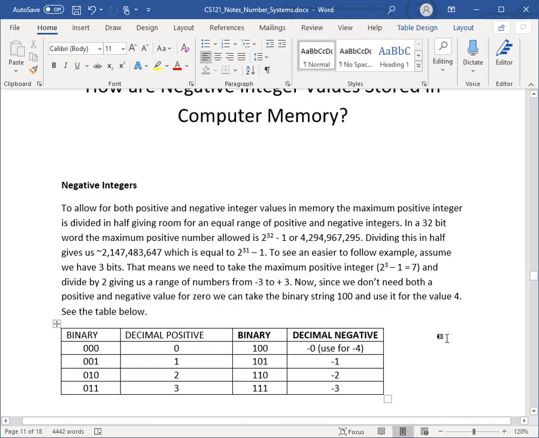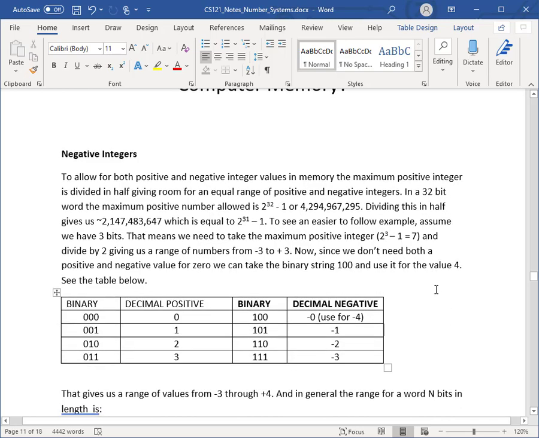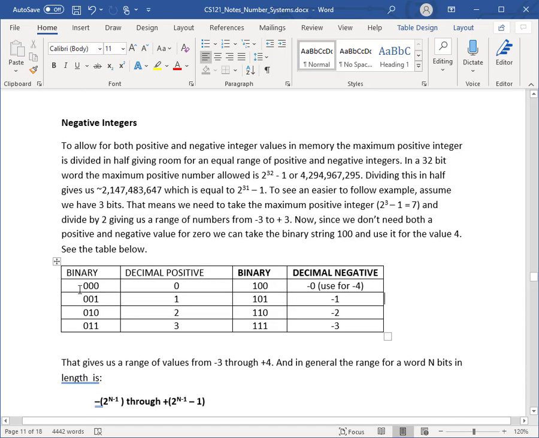As an example of how this is done, let's look at a very tiny 3-bit computer in this table. If we take our string of binary bits, we can go from 000 all the way up to 111. But we want half of those to represent positive numbers and half negative values.